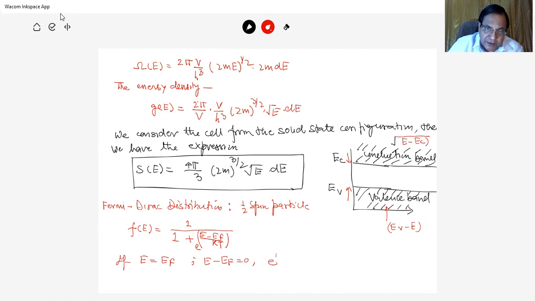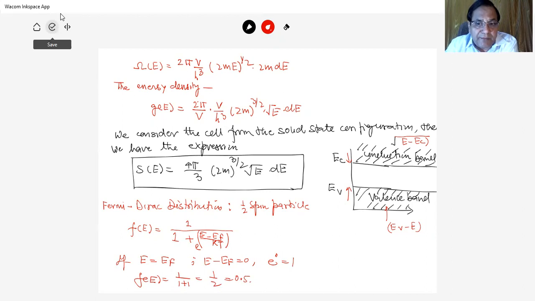So exponential 0 is equal to 1. So F(E) is equal to 1 upon 1 plus 1, that is 1 by 2, that is 0.5.